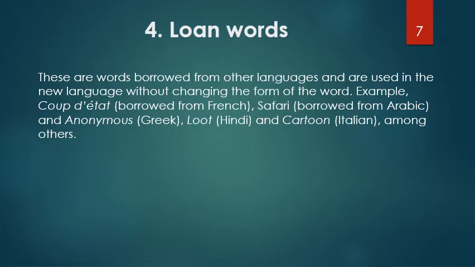English does borrow words from these languages. So we can get to know the meaning of these words by looking at the origin, or the actual language that such a word belongs to.